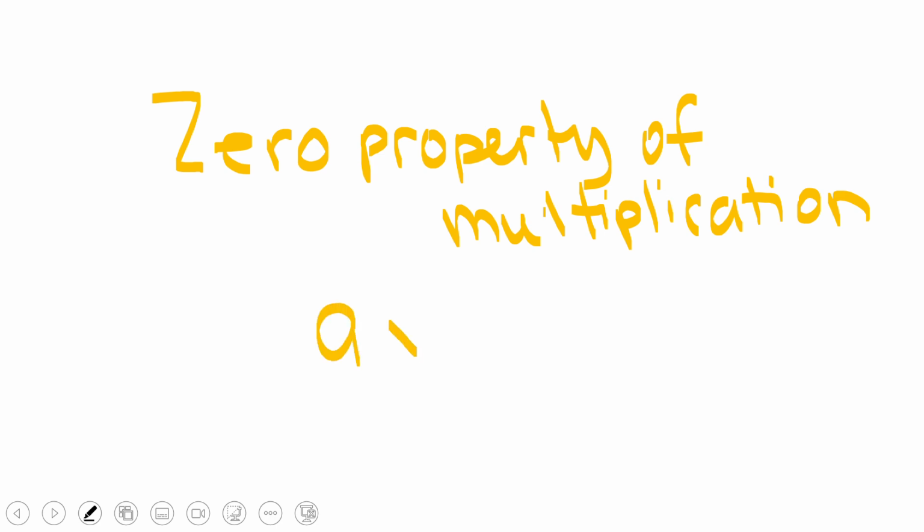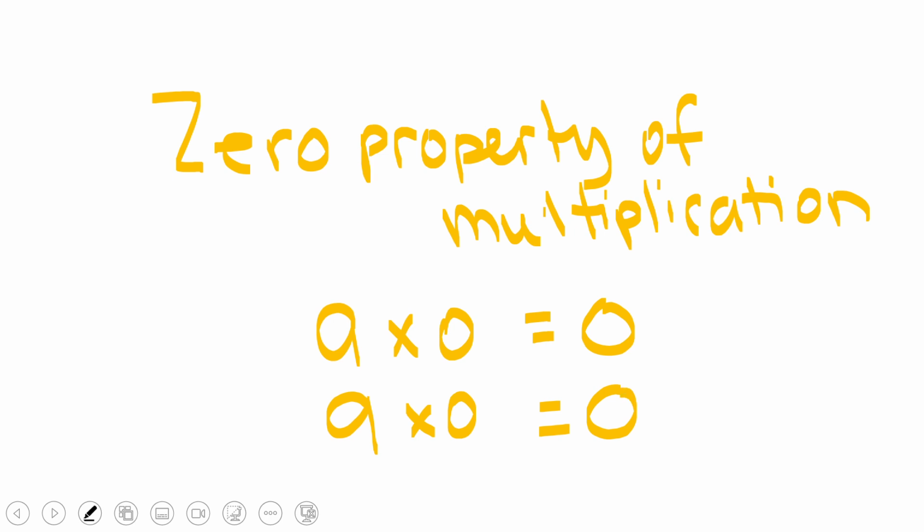Any number times 0 is 0. This is also a rule you've been using for quite some time. So if we have a number for A, such as 9 times 0, then that equals 0. Any number times 0 is 0, the 0 property of multiplication.